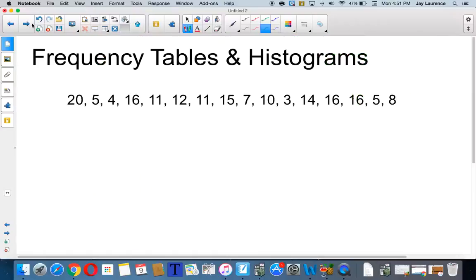All right, let's move right along here. Frequency tables and histograms. To do my frequency table, I've got to decide how many numbers I have and what ranges I want to use. So it looks like the smallest number is 3, the largest number is 20, and that looks like it's going to be a range of 17.